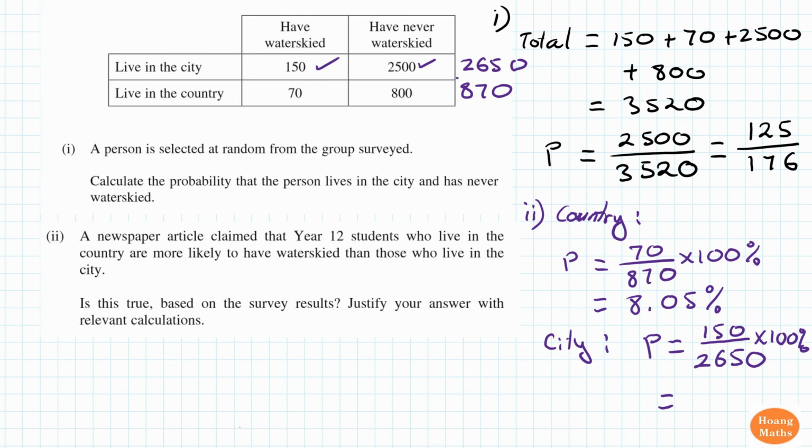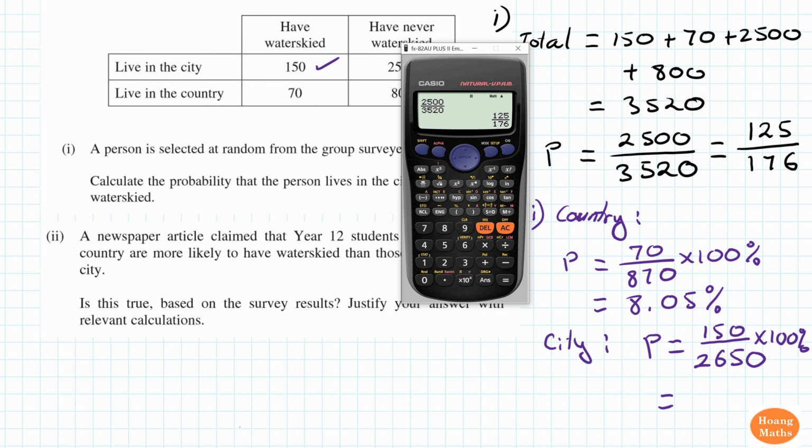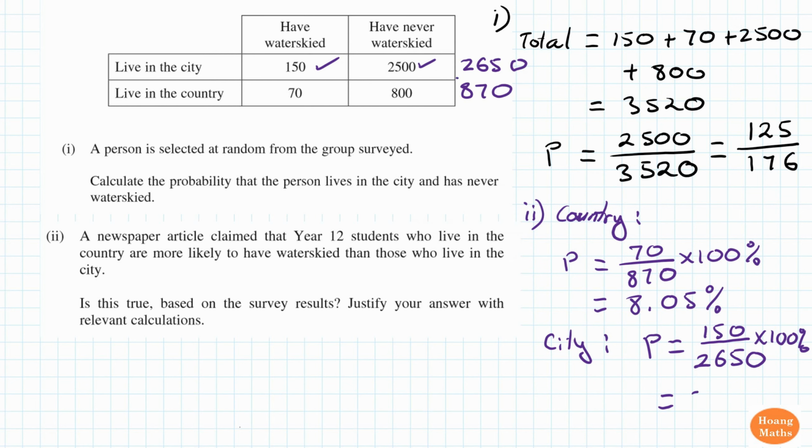So just put it in the calculator. So 150 divided by 2,650 times 100. So 5.66.